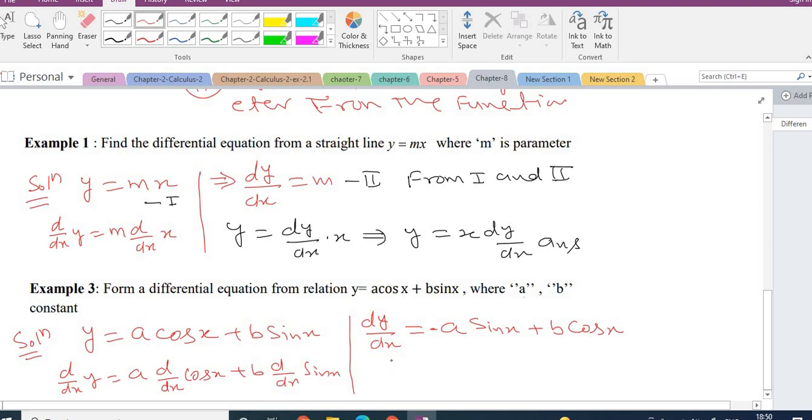two times. So again differentiate this with respect to x.